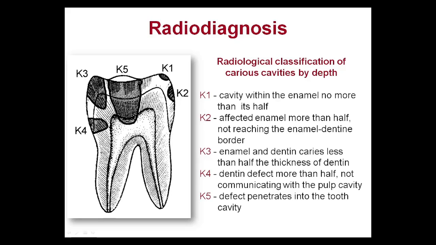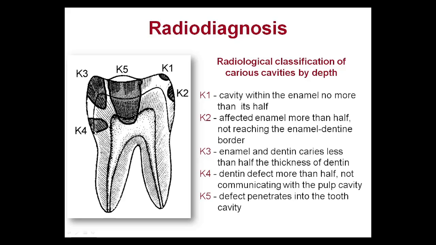K3, this one is K3: enamel and dentin caries, less than half the thickness of dentin. K3 is in dentin, also in enamel, but not deeper than half of the thickness of dentin.